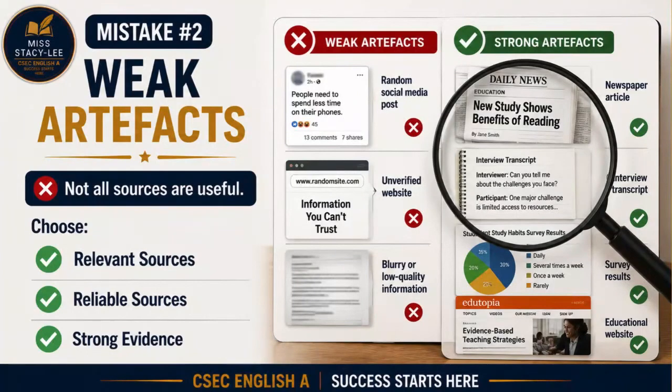Instead, choose strong, credible sources such as newspaper articles, educational websites, interviews, documentaries, reports, or other approved source genres that fit your group's agreed source types. Remember, your artifacts form the foundation of your entire SBA. If your sources are weak, your analysis will also be weak.